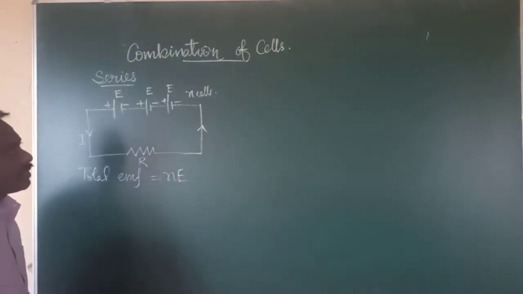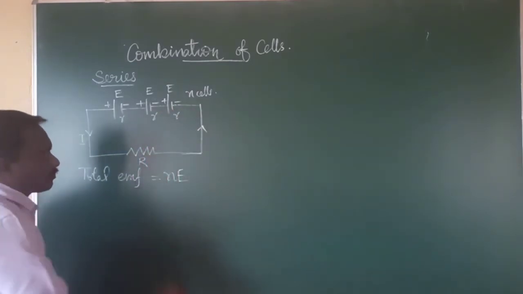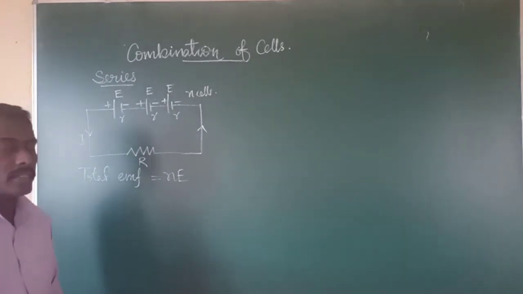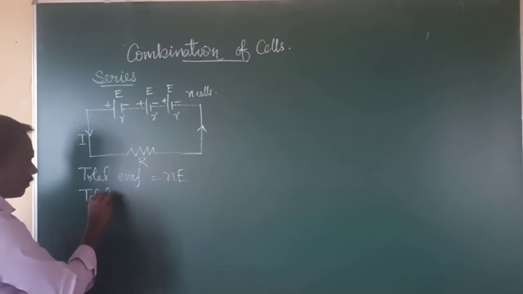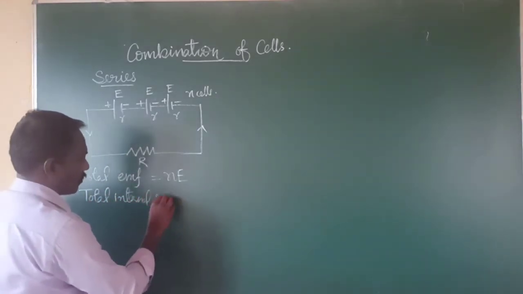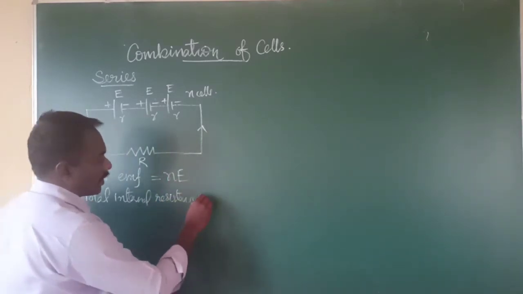Then what will happen to the internal resistance? As each of these cells has an internal resistance r, what will be the total internal resistance?